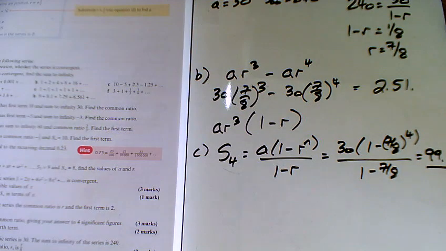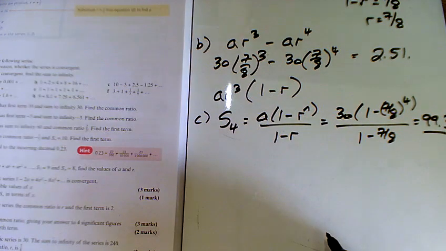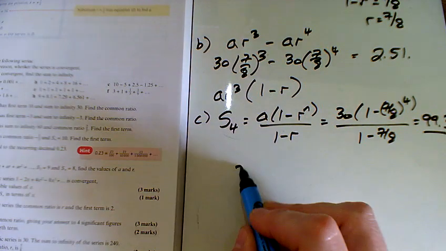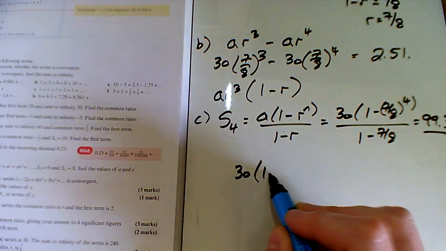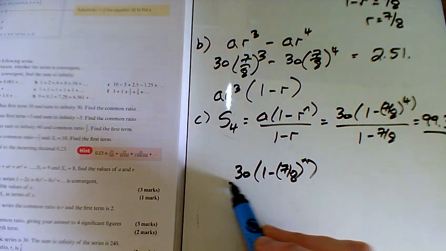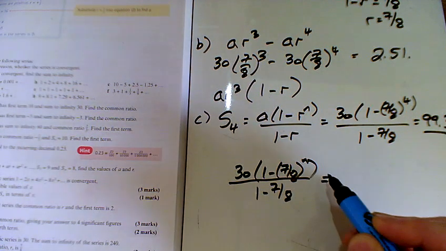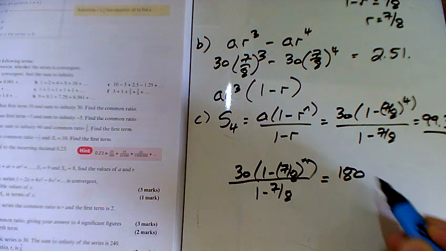And for the last part, D, we want this sum formula here to be bigger than or equal to 180. So we've got 30 times 1 minus 7/8 to the power of n, that we're trying to find out, all over 1 minus 7/8. And I want this to equal 180.